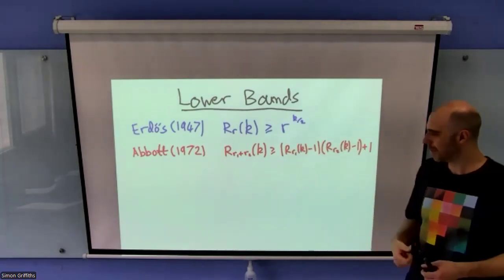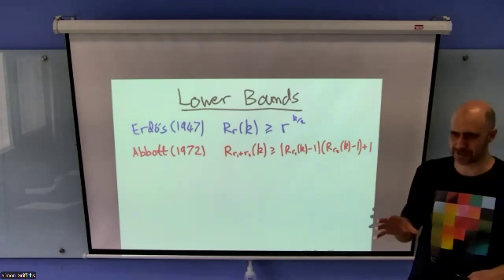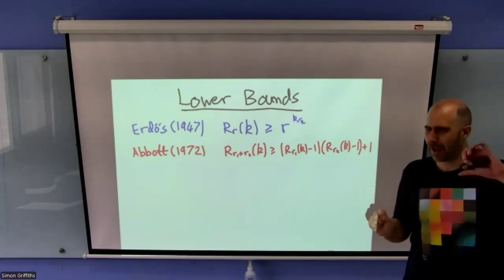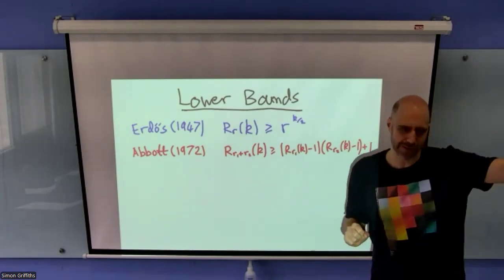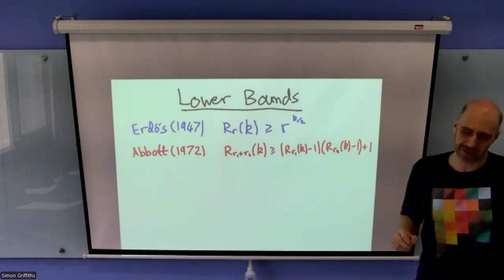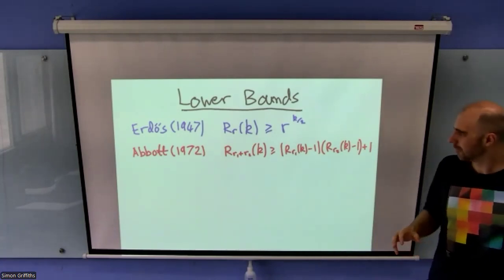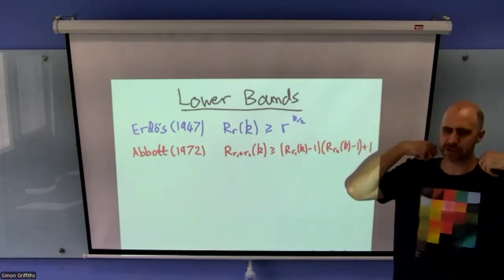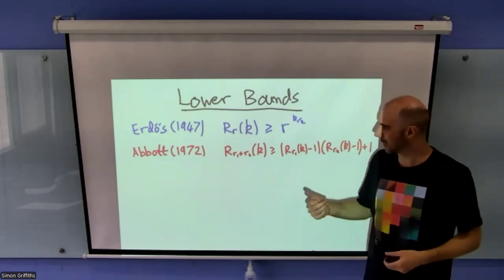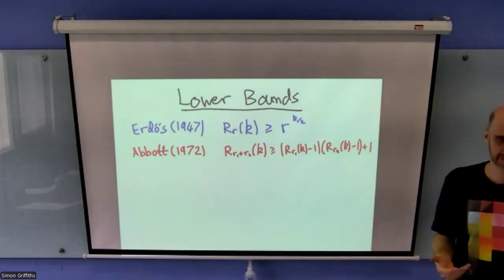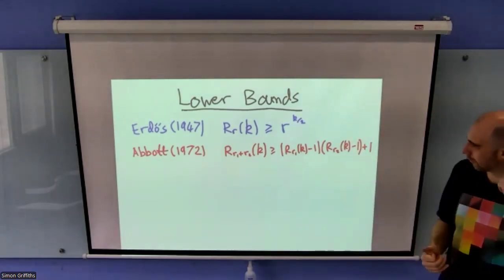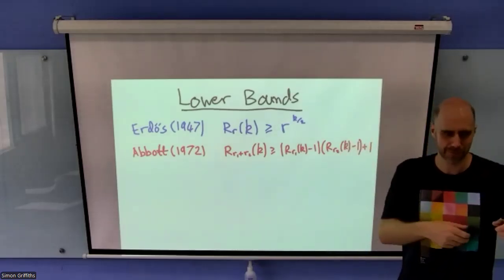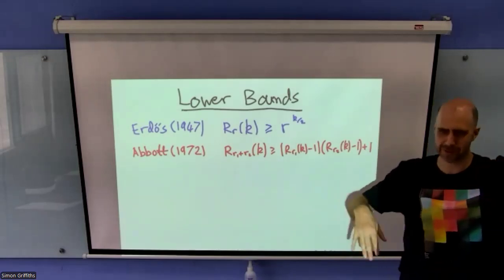If you can color N1 vertices with r1 colors and not have a clique, and you can color N2 vertices with r2 colors and not have a clique, then if you have r1 plus r2 colors, you can color a number of vertices which is the product. And it's exactly using a product coloring. You basically think of the product as like a rectangle of points or something.